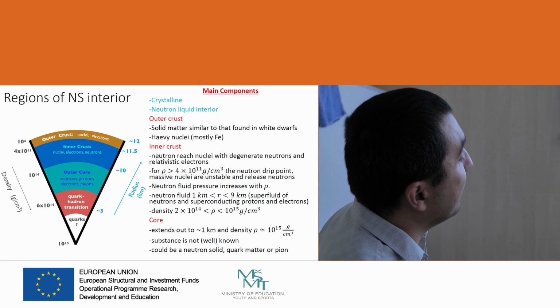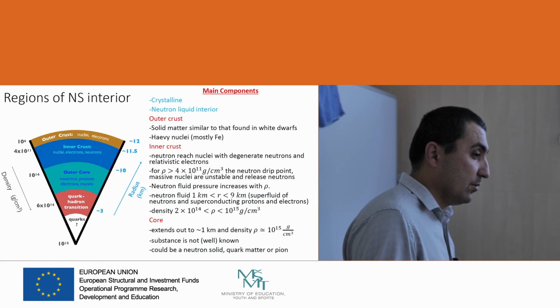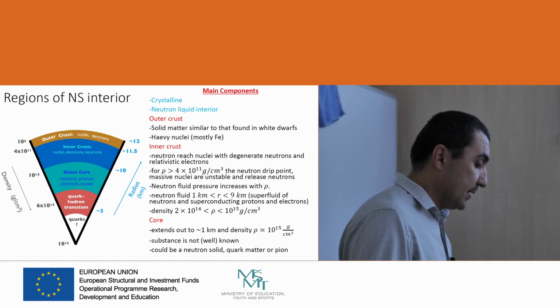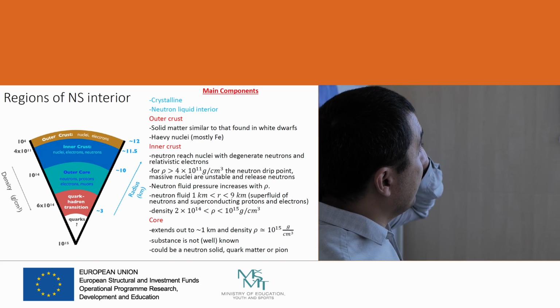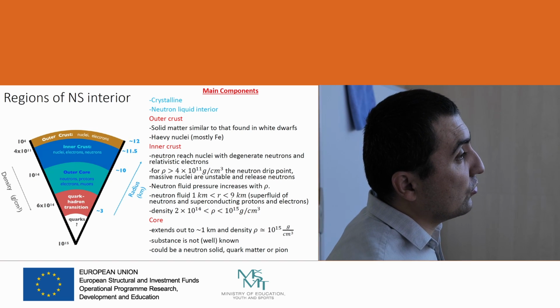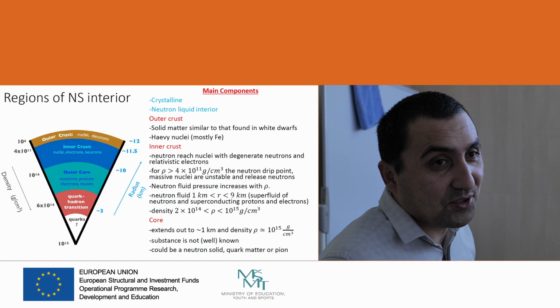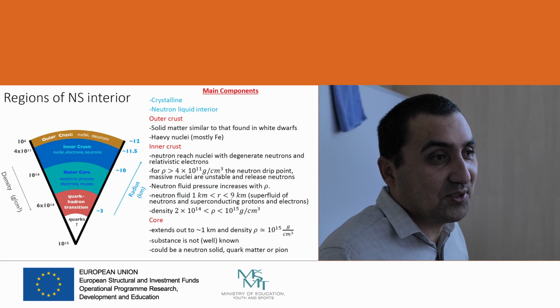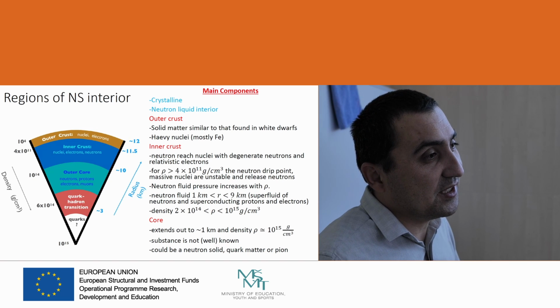And how about the inner region of neutron stars, the inner structure? Some models say that a neutron star has uniformly distributed matter inside, so the density is constant inside.